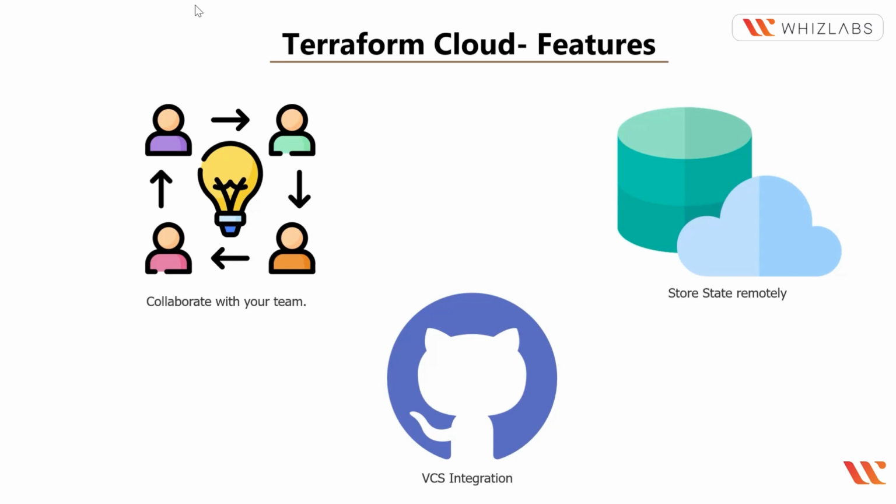You can also store the state of your resources remotely in the cloud, which means your resources are again secured and your state file is not going to be lost. And one of the key things while working with Terraform configurations is that we need to check them into a version control system, and from there regularly pick the configuration to run our program. So Terraform Cloud provides an easy integration with VCS like GitHub, and all these things we'll see in our demo.